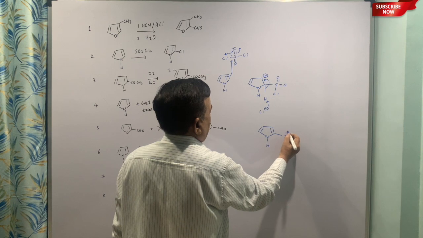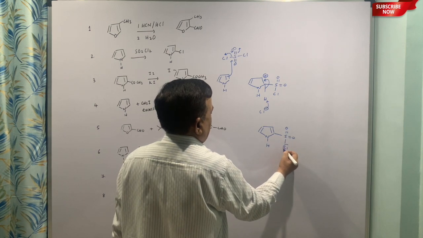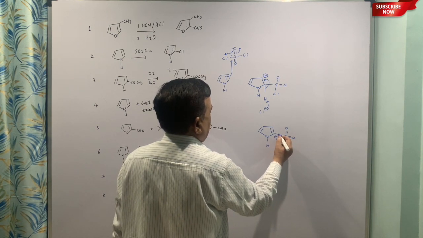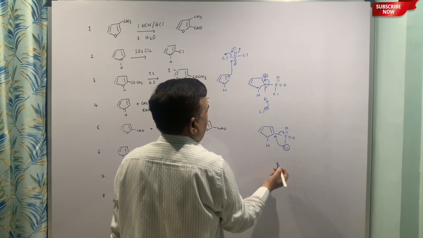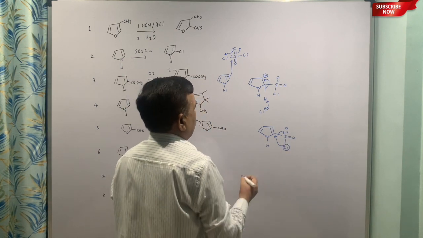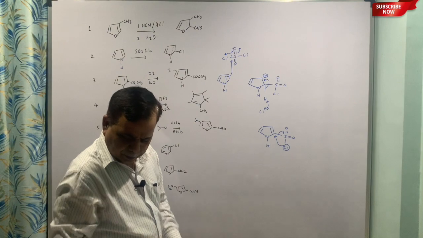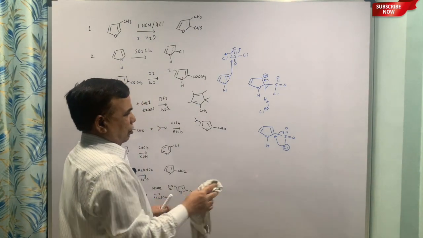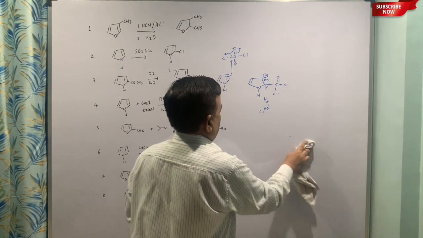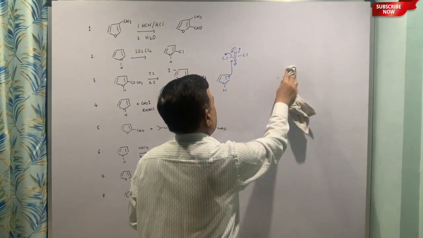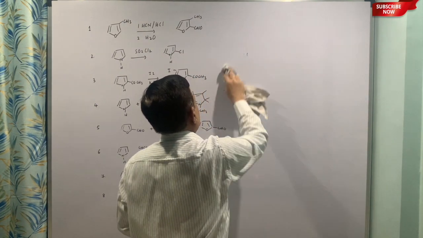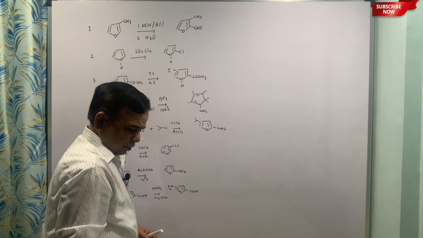SO2Cl, so maybe Cl is coming here, and this will give rise to loss of SO2. So that will be your chloride as a product. So an SNi type thing. Sulfuryl chloride is also the reagent.